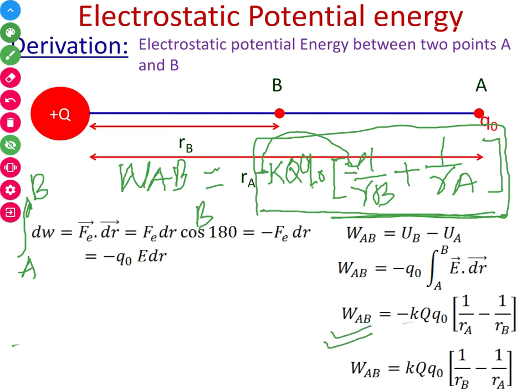So if you can see here, the value of WAB is KQQ naught times minus 1 upon RB plus 1 upon RA.